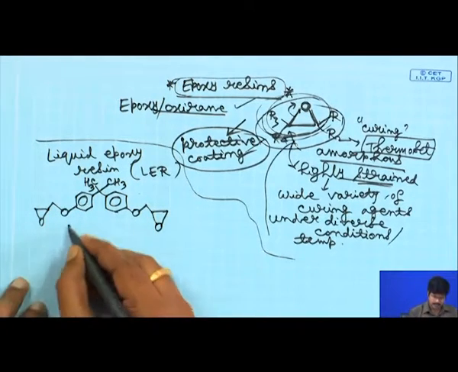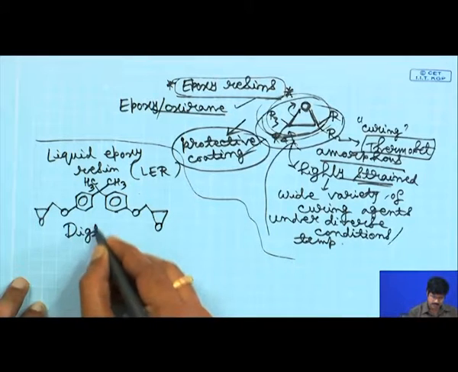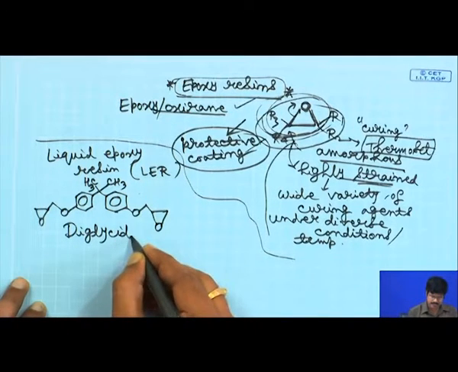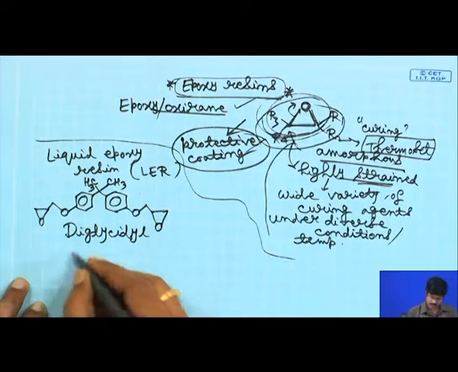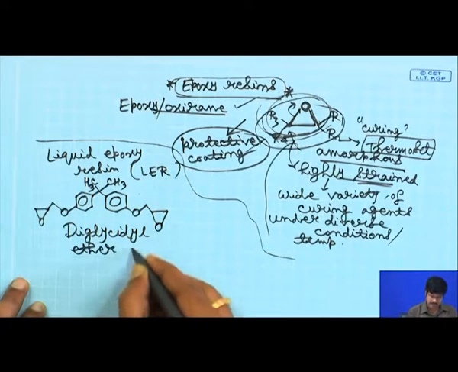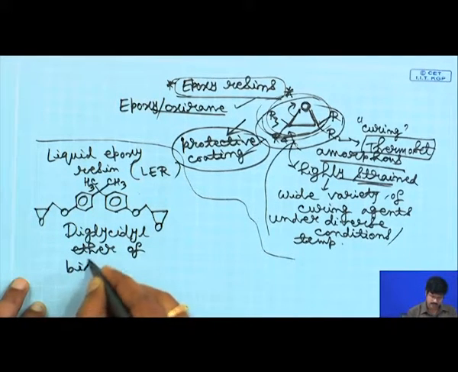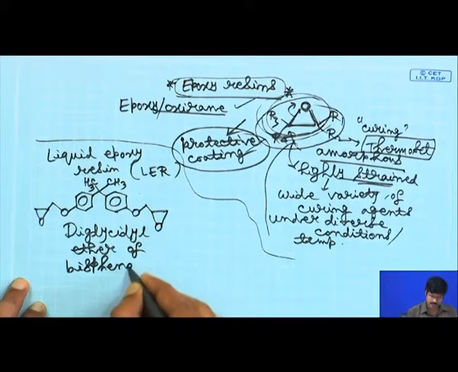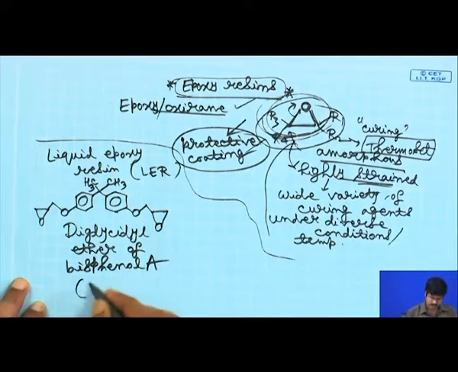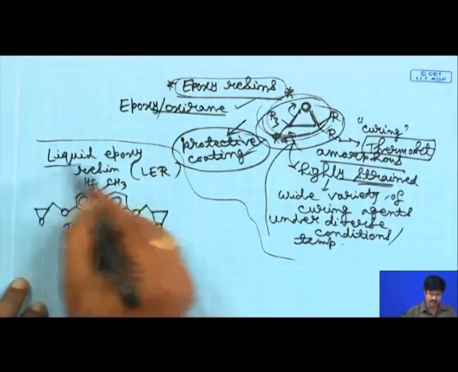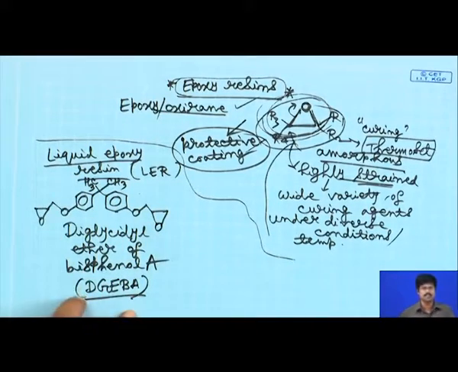This is diglycidyl ether of bisphenol A. So, the abbreviation is DGEBA. So, your liquid epoxy resins are typically based on DGEBA.